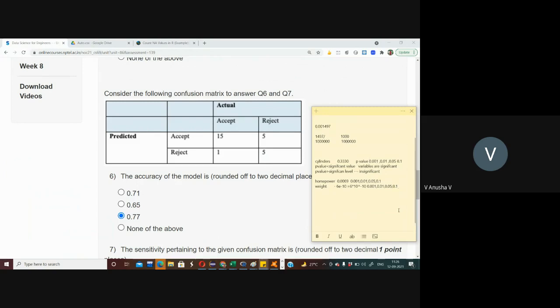So here, the accepted rate of predicted is 15 and the rejected rate of predicted is 1.